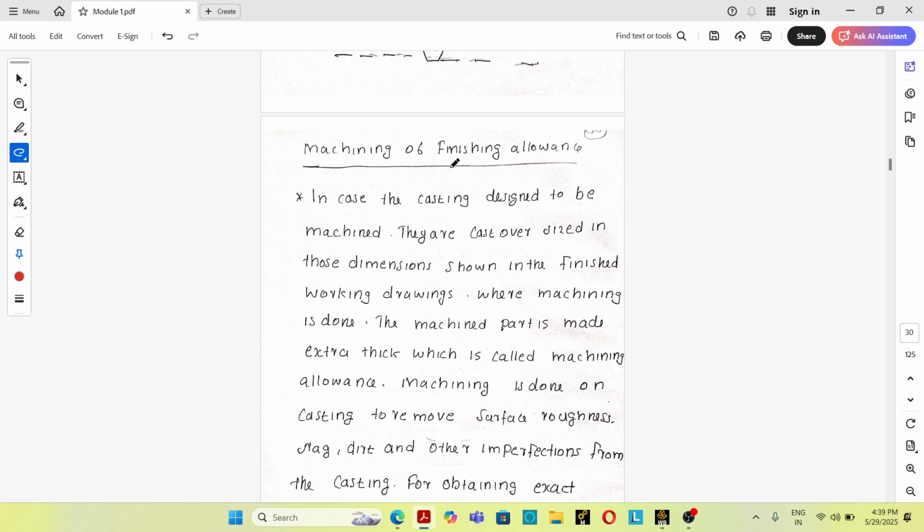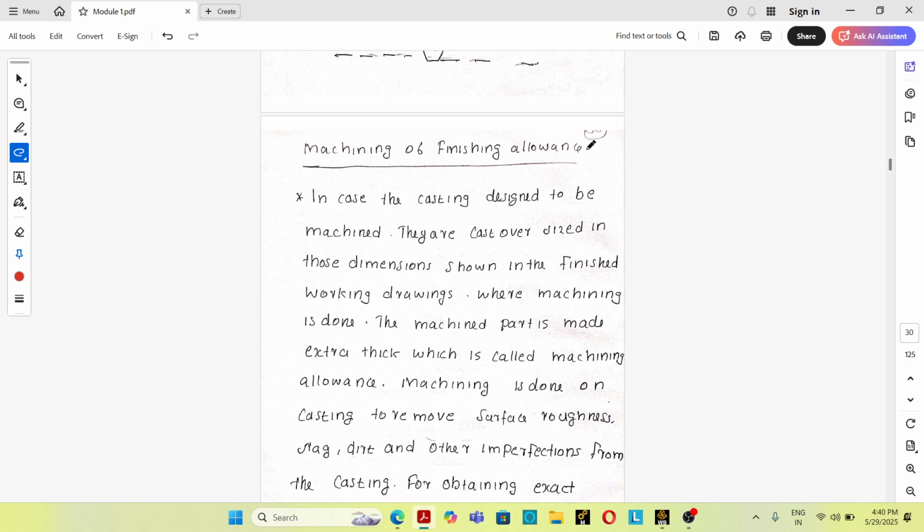Next one, machining or finishing allowance. The third allowance is machining or finishing allowance. See, machining or finishing allowance means that after the casting is prepared, if there is any machining operation, grinding or milling, we have to keep some amount of material over the casting. Otherwise, after machining, the casting size will be reduced.